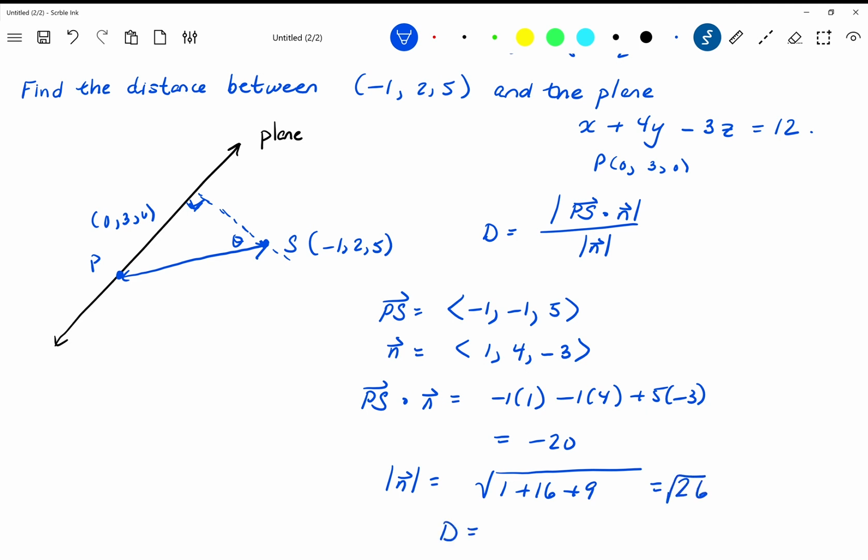So the distance is the absolute value of -20 over the square root of 26, which is 20 over square root 26. Of course, if you feel like it, you can rationalize the denominator, but it doesn't really get you much further. That's about as clean of an answer as we can get.